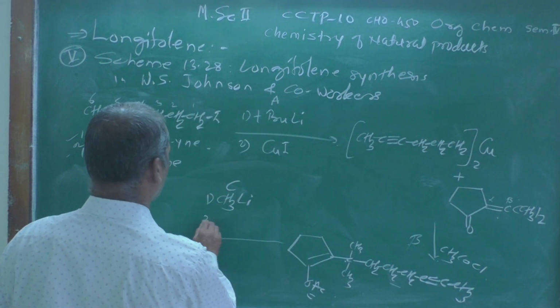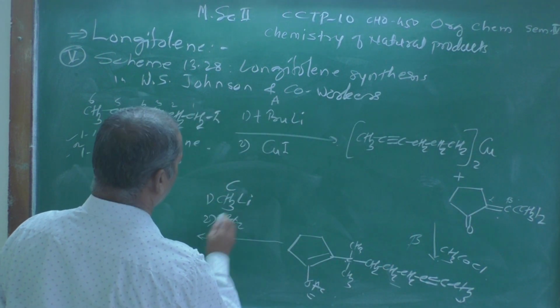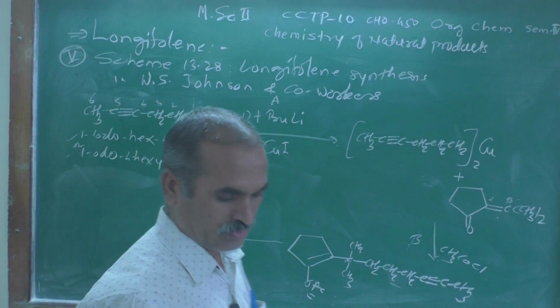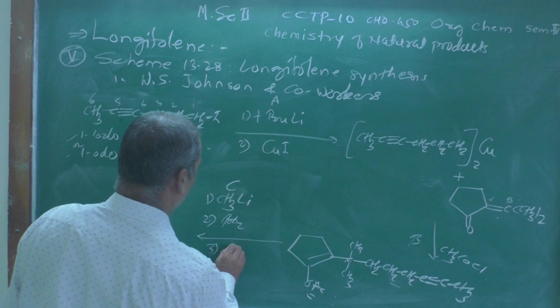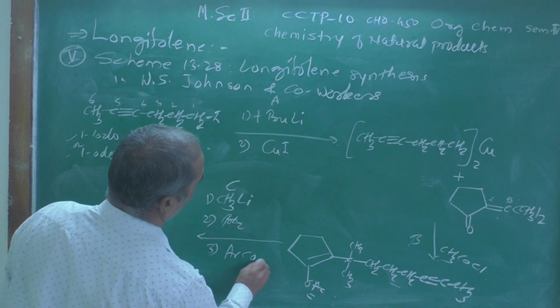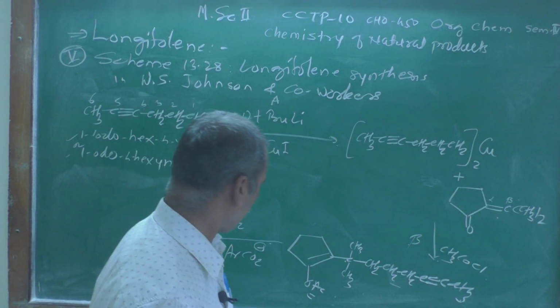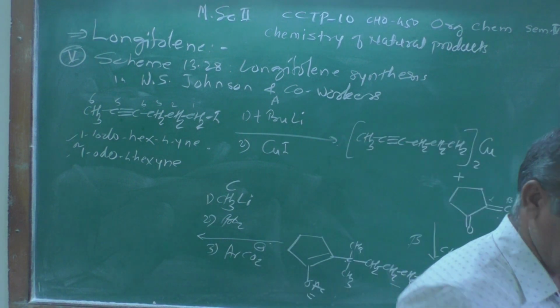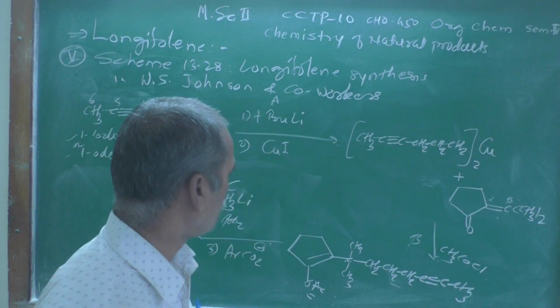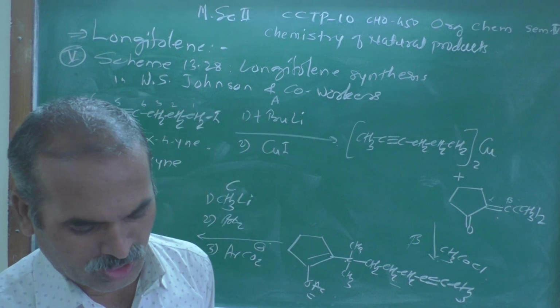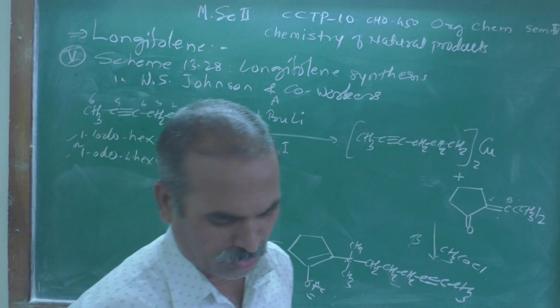Second one, addition of Br2, and third one, what we are adding, that is again ArCO2 minus, that is an acetate ion, a weak base, used over here. After adding all these reagents, what do you get?